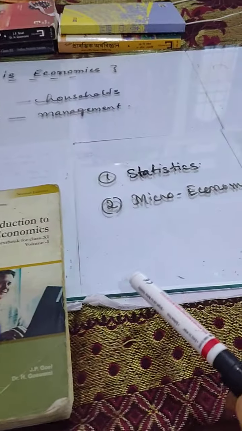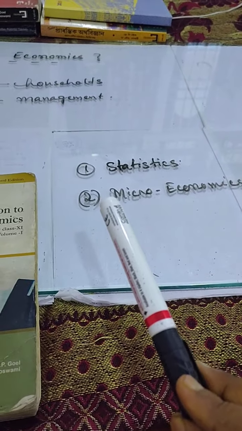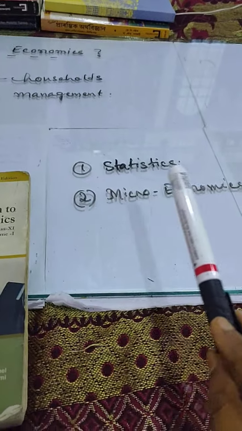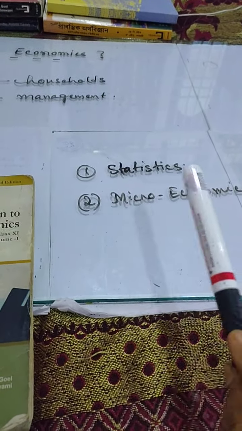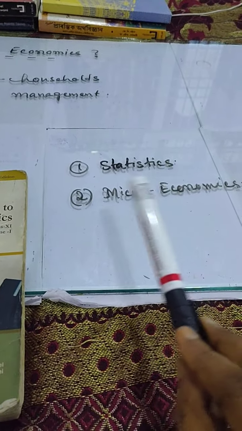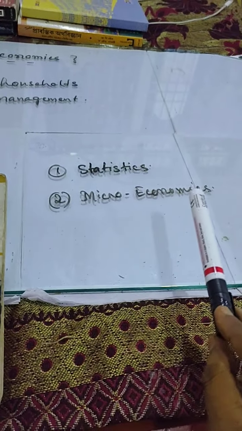Your syllabus is divided into two parts. First part contains the matter of statistics. I think you do have knowledge about statistics in class 10. And second part is microeconomics.